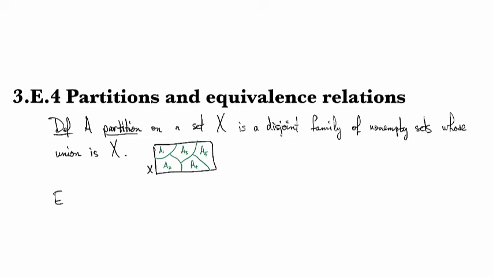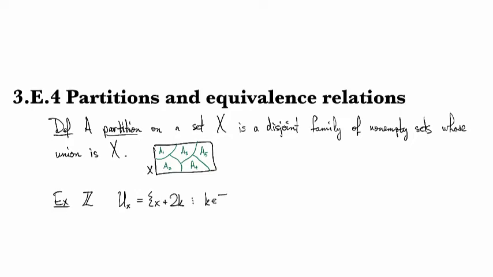So here are two examples. For the first one, we'll look at just the integers, and I'll take a set U_x. This is going to be x plus 2k, where k is in the integers.